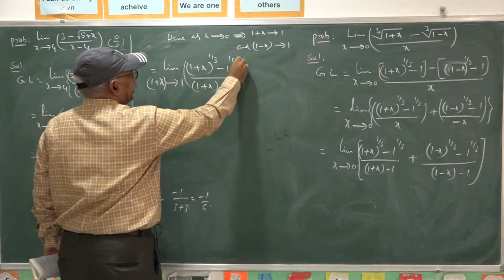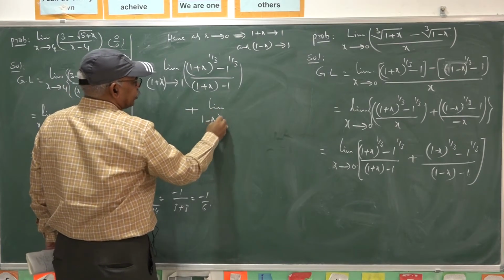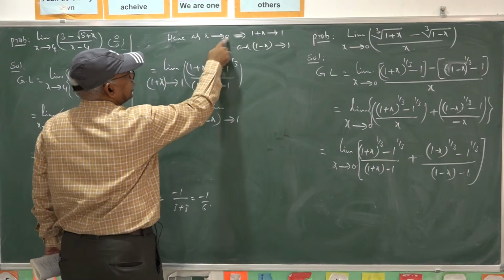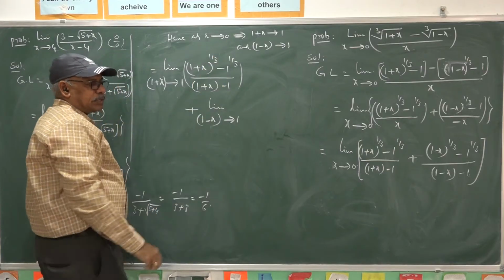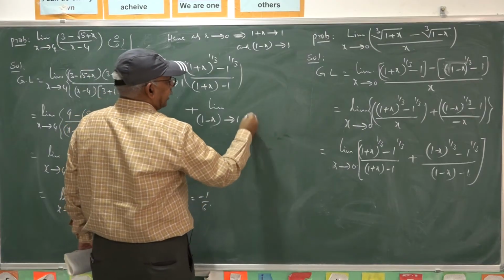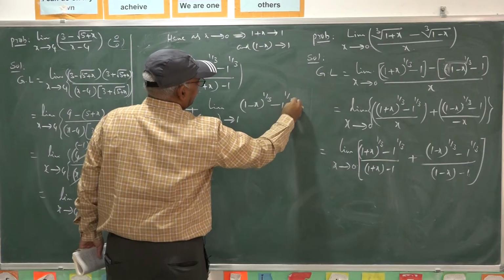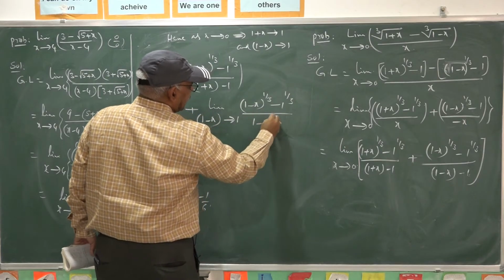This is one limit, plus the other limit is limit 1 minus x goes to 1. As x is 0, 1 minus x is 1. Hence, you can take 1 minus x goes to 1 in the second limit. (1 minus x) whole power 1 by 3 minus 1 power 1 by 3 by 1 minus x minus 1.